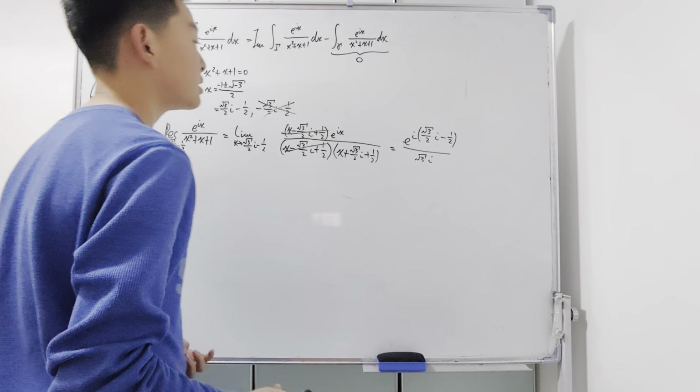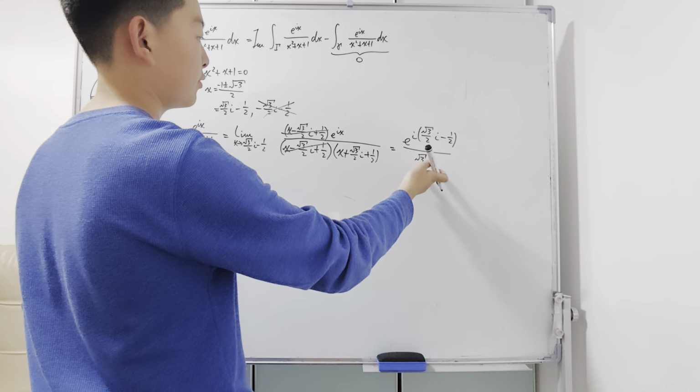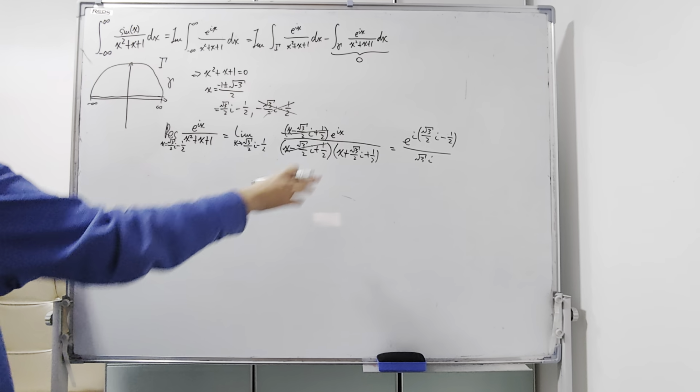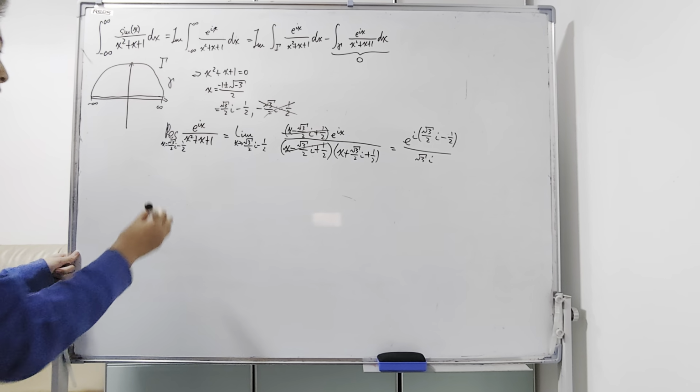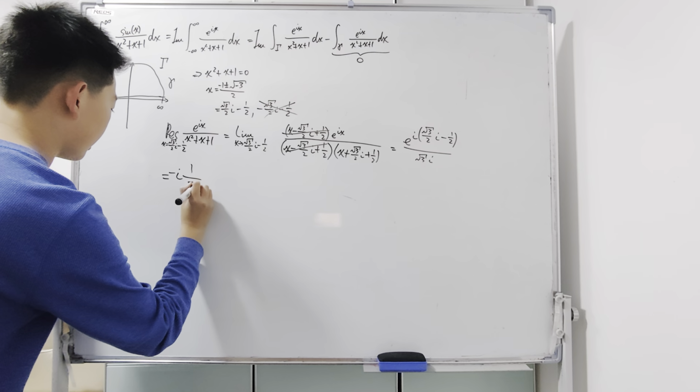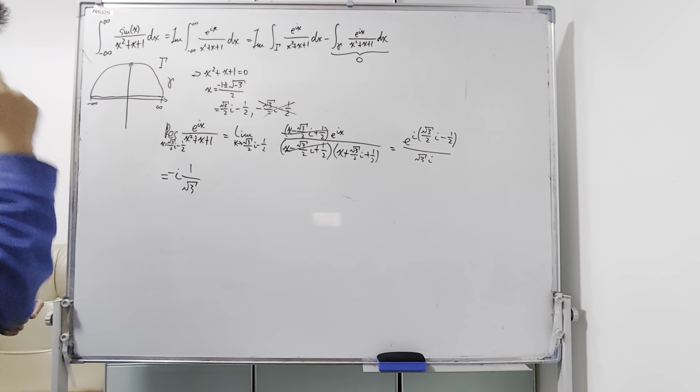It would perhaps be easier if I were to write this using Euler's formula. So first of all, root 3 times i, that is equal to negative i times 1 over root 3. I think that is correct.